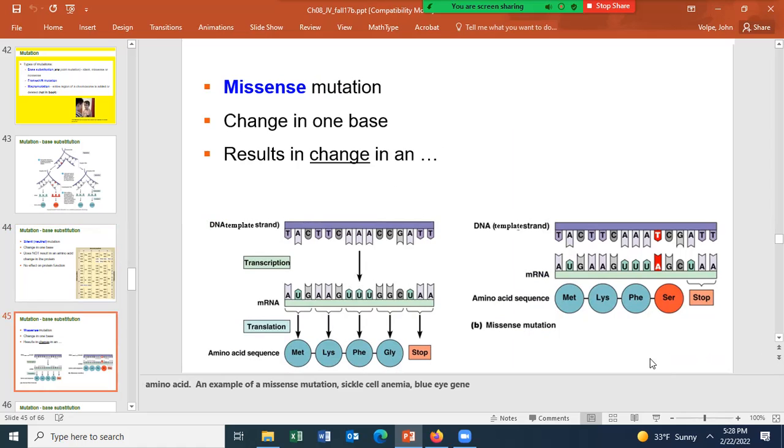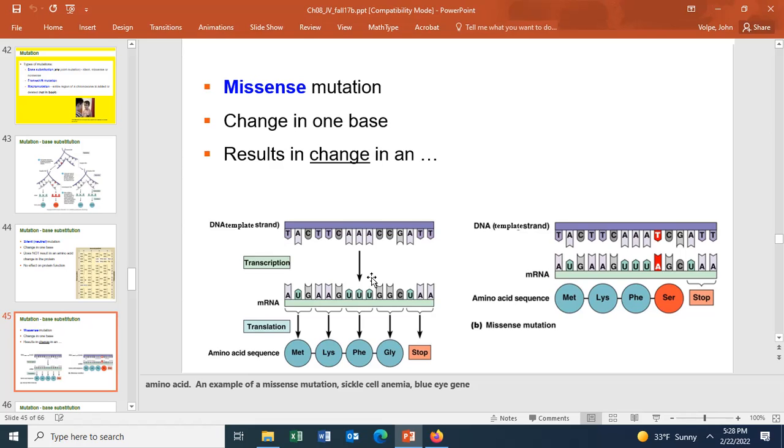A missense mutation is when you change one base and it results in a different codon that codes for a different amino acid. So in the protein, one of the amino acids will be changed. An example of the missense mutation is sickle cell anemia, where in a protein, hemoglobin, containing thousands of amino acids, only one of them is changed.